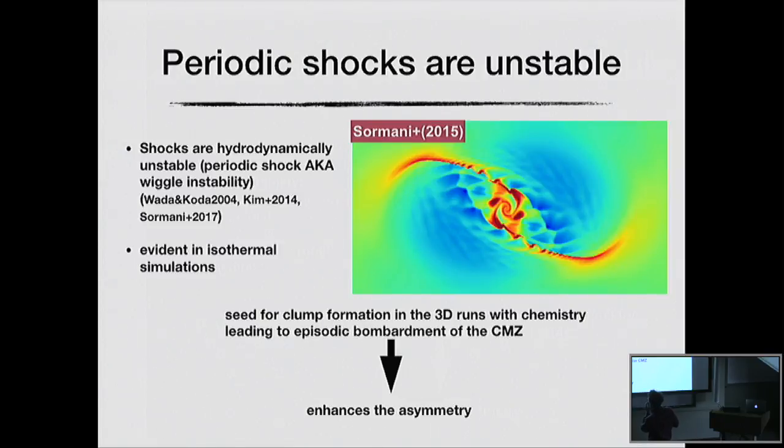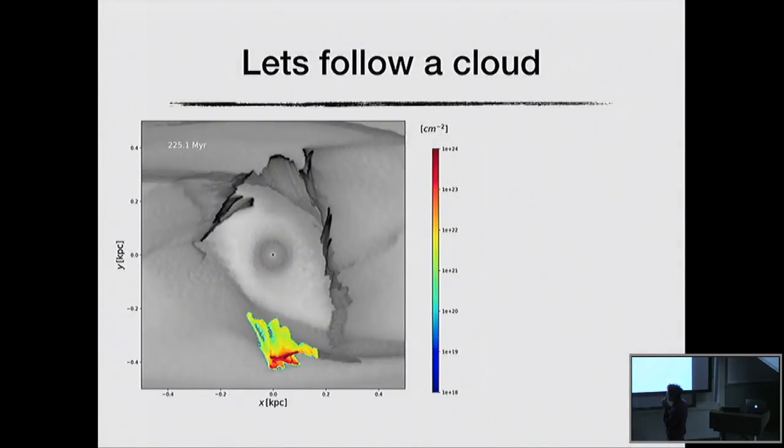This is in isothermal simulations, and you can see that the instability creates these vortices here, and these are the seeds in our 3D chemistry run to develop these clumps on the shocks that then flow down the shock to land on the central molecular zone and enhance the asymmetry.